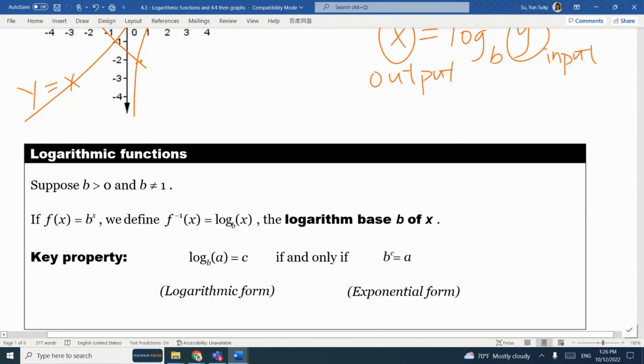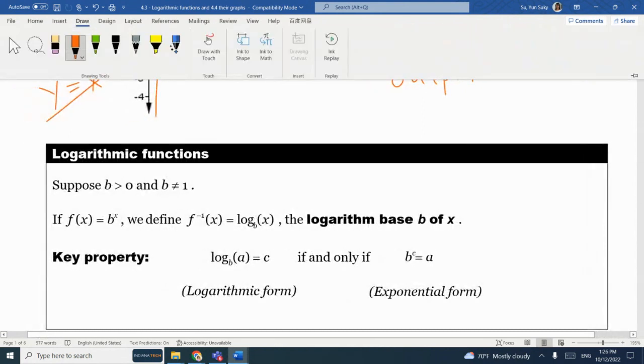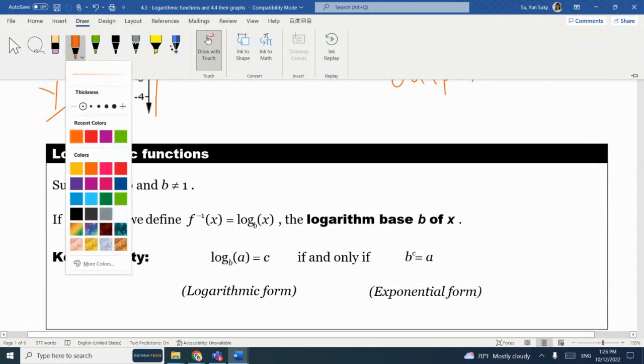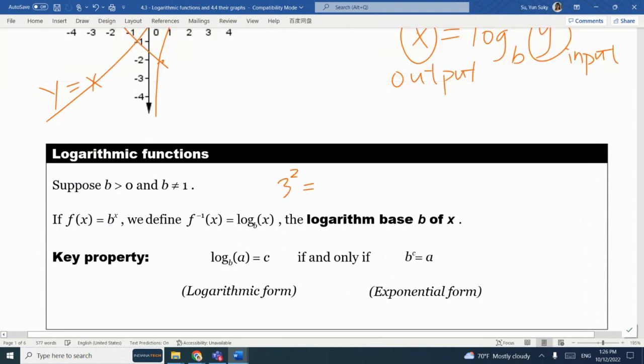Okay? So, for example, let's look at some example. So 3 squared is 9. If this is the exponential form, the logarithmic form will be 2 equals log base 3 of 9.